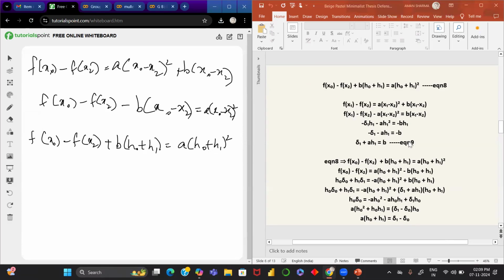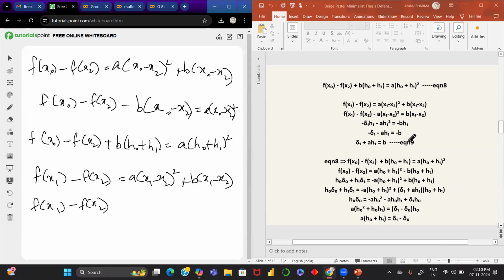And also from equation 7, we get f(x1) - f(x2) = a(x1 - x2)^2 + b(x1 - x2), so f(x1) - f(x2) - a(x1 - x2)^2 = b(x1 - x2). And we change this into terms of the slopes and also x0 and x1.